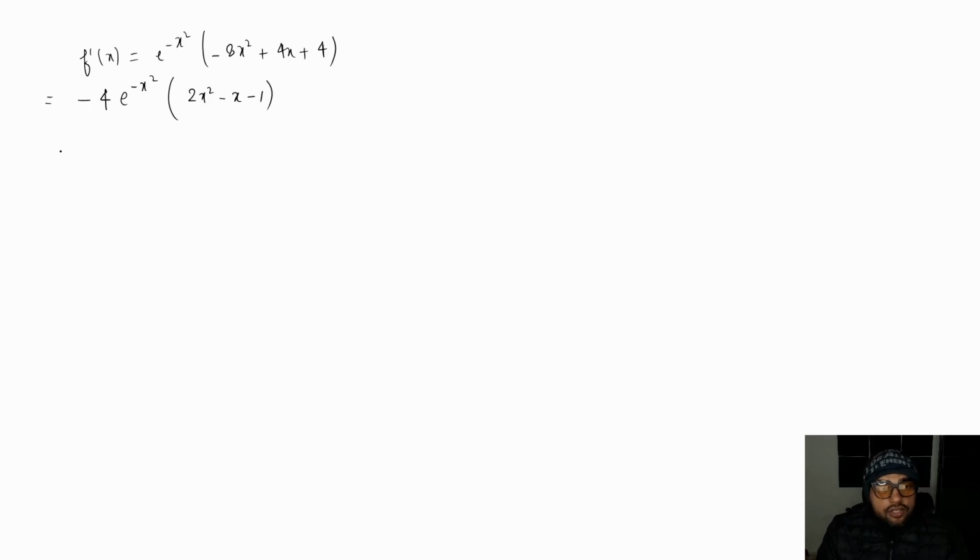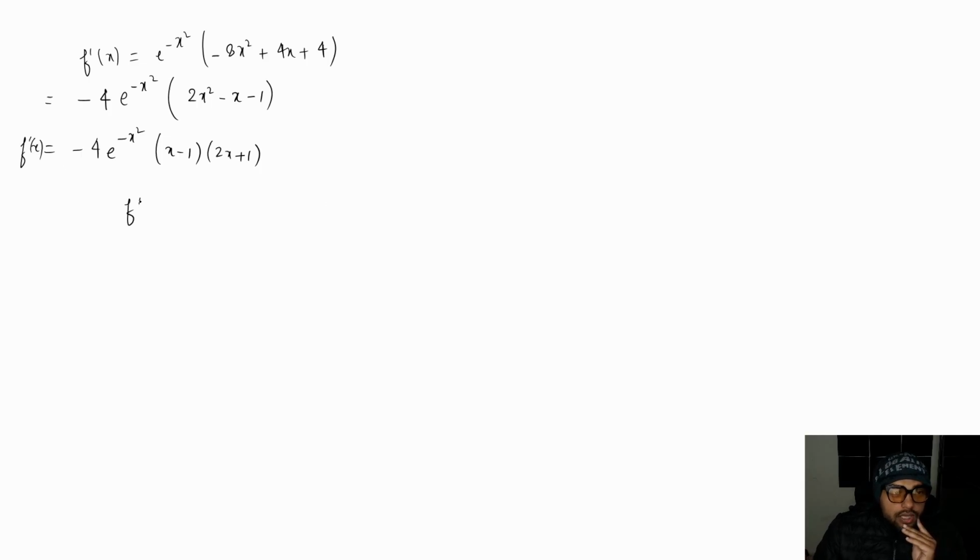Now this will be easier for us to factorize. Negative 4 e^(-x²) times (x minus 1)(2x plus 1). Okay, so this we have factorized, and this is the value which we are getting, and this is f prime of x.